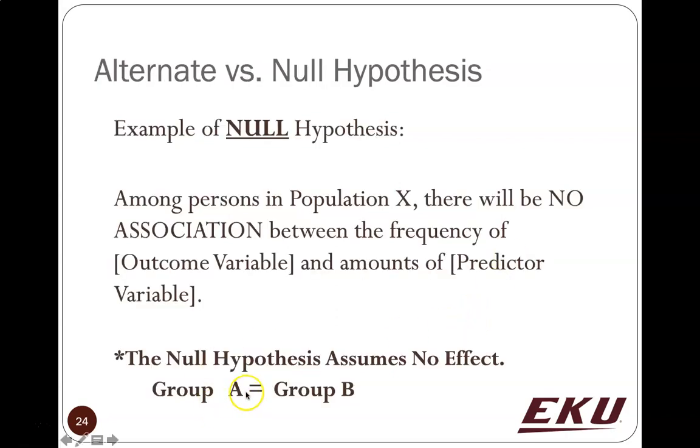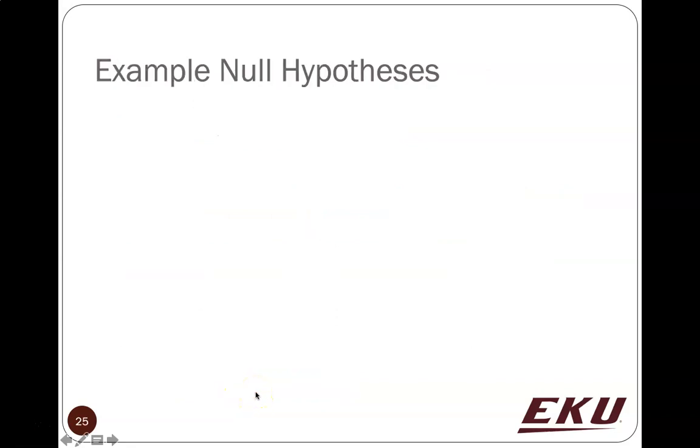So in the null hypothesis, the equal sign is always present. Examples of null hypotheses could be something like group A equals group B. Or if the greater than symbol is used, it's not the greater than sign that tells you this is a null hypothesis. It's that equal sign, the greater than or equal sign.